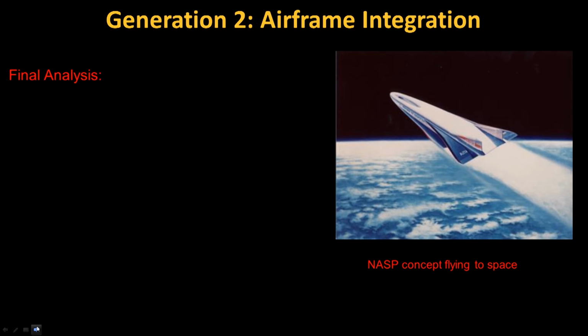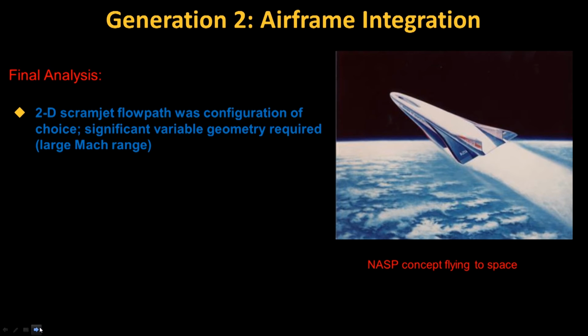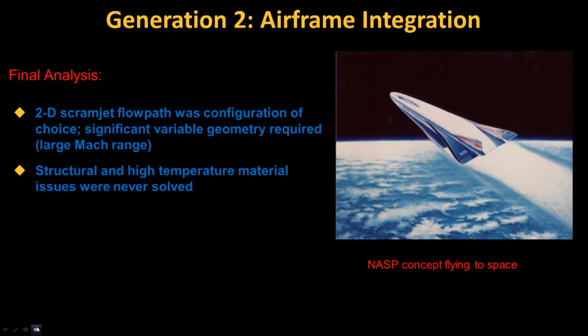As a final analysis of the NASP program, some key points may be made. Firstly, a two-dimensional scramjet flow path was the chosen configuration. However, it involved a significant amount of variable geometry in order to fly to space as a single stage. Secondly, the materials problem of extreme heat loads was never solved.